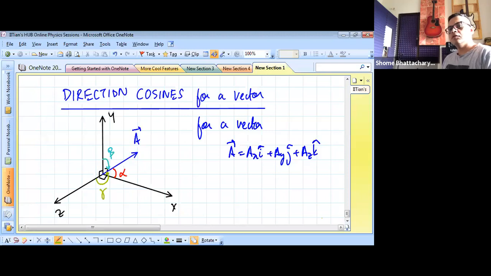Then the quantities cos alpha, cos beta, and cos gamma are collectively called direction cosines.